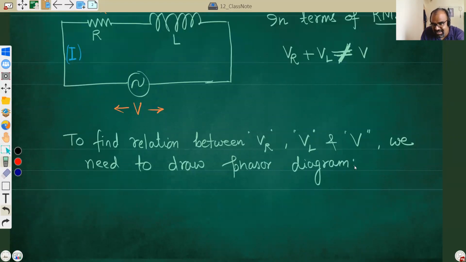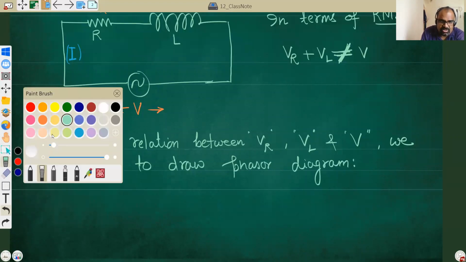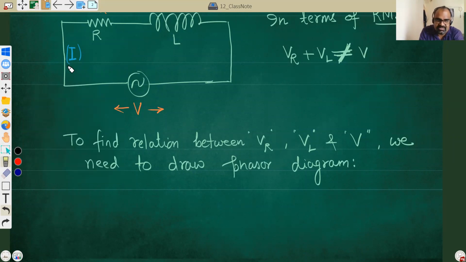So let's do that. When we draw a phasor diagram, what is the first phasor we draw? First phasor is always the current phasor. So let's draw this current phasor as our horizontal phasor. So this is the current phasor.